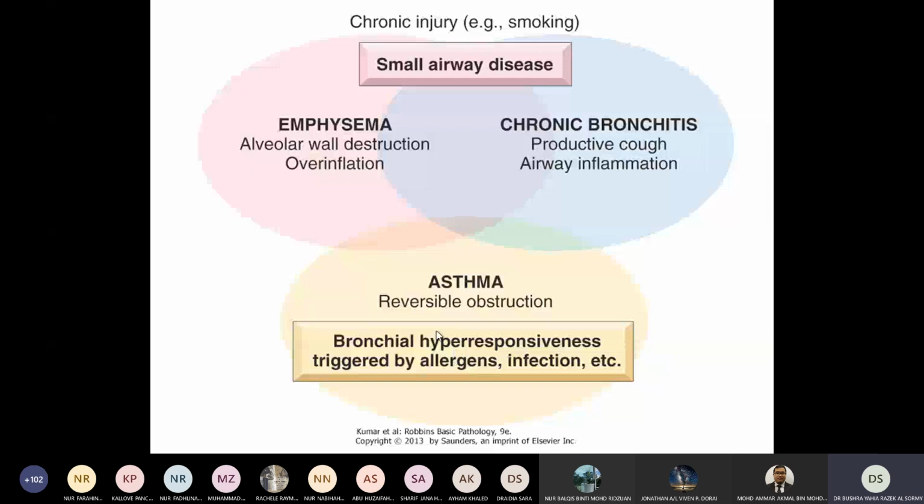Histamine causes the obstruction, and other mediators like arachidonic acid products cause leukotrienes, which also cause bronchospasm, as well as other mediators causing inflammation.